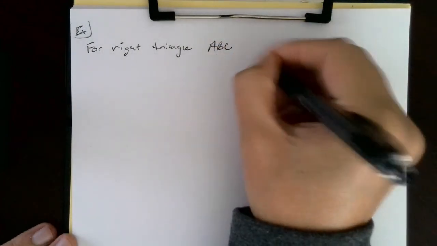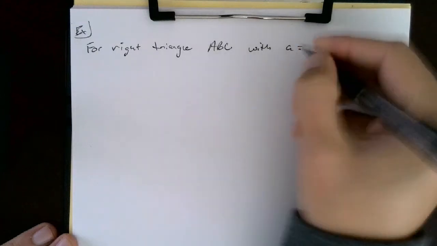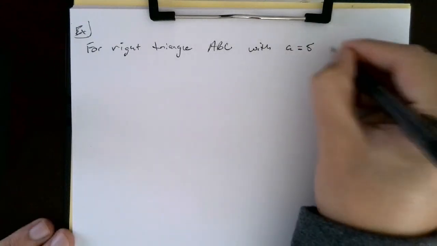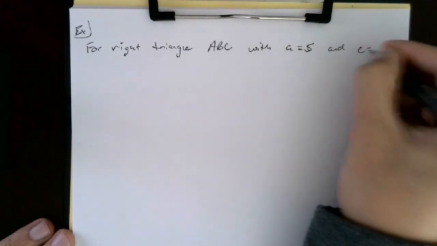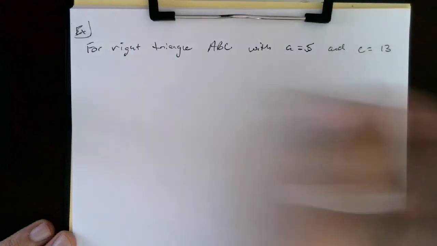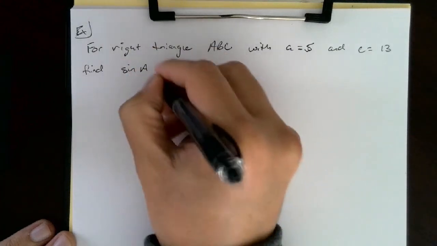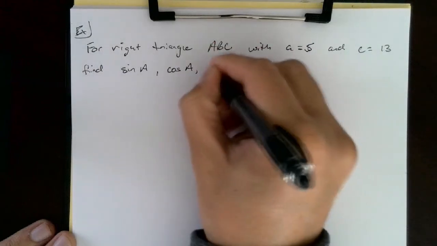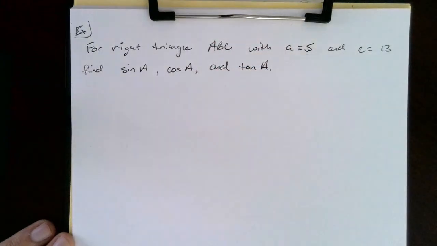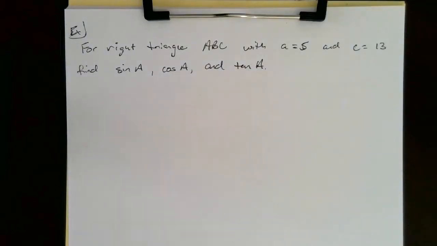So if I said, I'll call this example: right triangle ABC with A equals 5 and C equals 13, find sine of A, cosine of A, and tangent of A. Now you might hear this as find all three trig functions for angle A. Those are the three they're talking about.